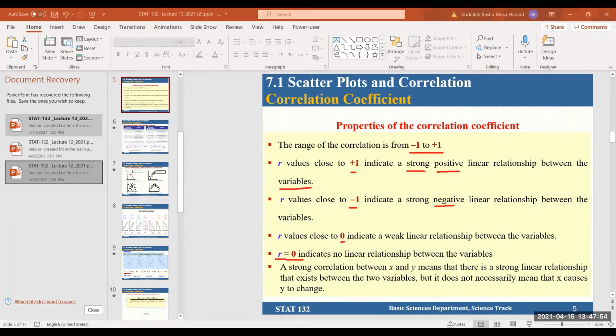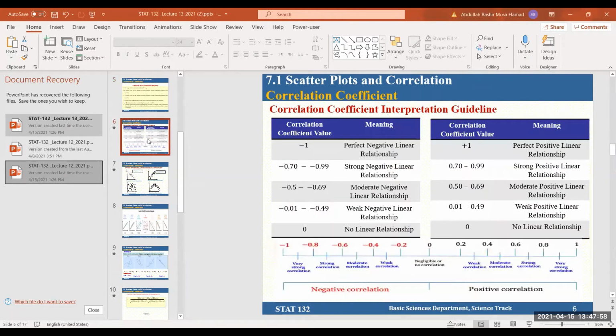Let's see an example to describe this relation. If R equals minus 1, this means a perfect negative linear relation. Actually, in real life, R cannot be equal to minus 1; it is always between plus and minus 1.